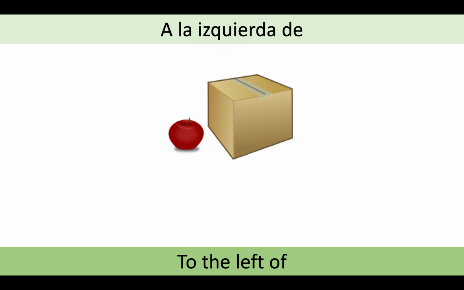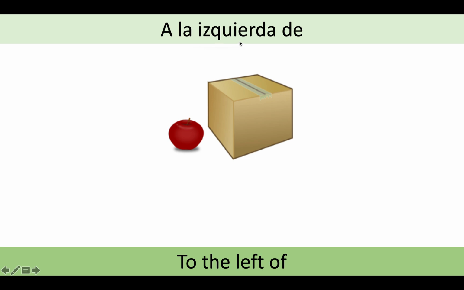La próxima, a la izquierda de. A la izquierda de. That translates to mean to the left of. And one of these tricky words is probably the word left. So let's try that one more time.